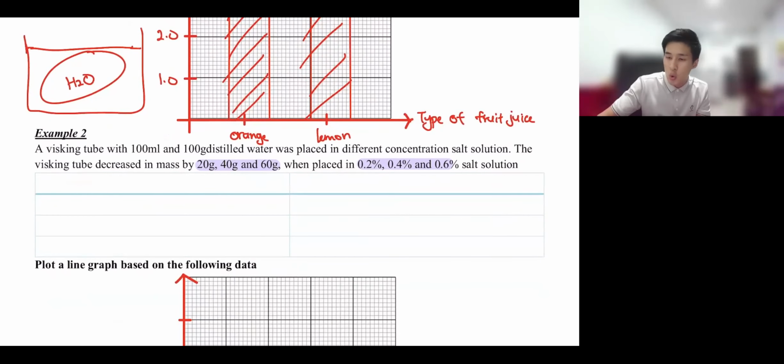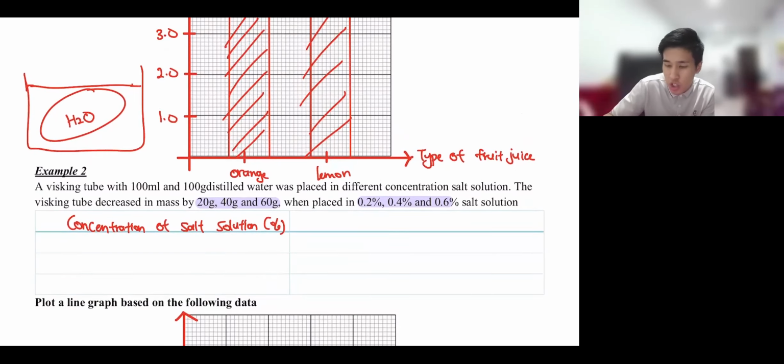So what is affecting my experiment here? Very obvious, it is the concentration of your salt solution, in percent. The salt solution concentration here will affect the amount of water coming out. Remember, you got more salt, more hypertonic, more water will come out.